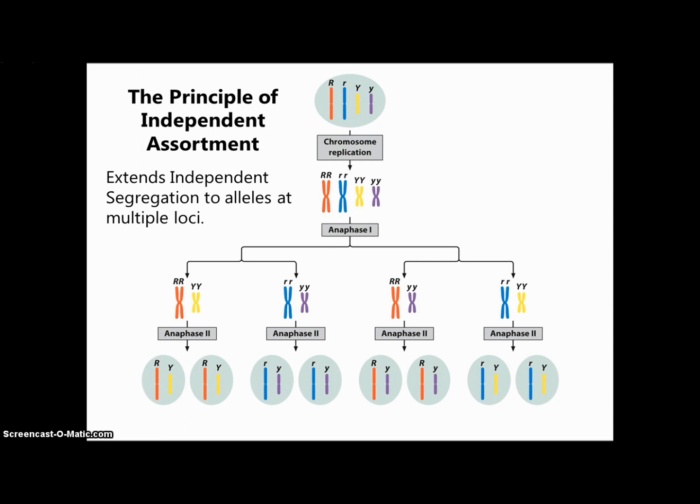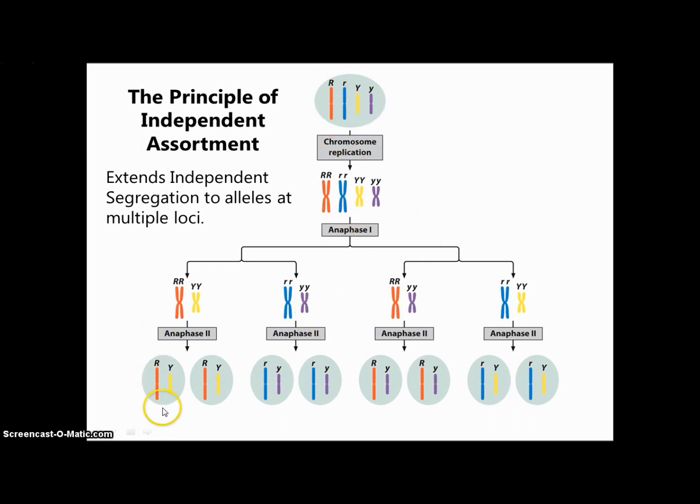So in this case, we've got our R gene and our Y gene that are on different chromosomes. And so the principle of independent assortment says that we are equally likely in our gametes. Here's our heterozygous individual, our heterozygote is making gametes.